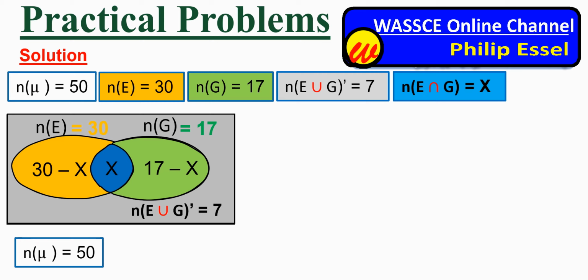Now let's look at the second part of the question. In this second part, we are asked to find the number of students who read both economics and government at the same time. So again, we would imagine the rectangular box as the classroom, and everything inside the box would represent the various groups of students in the classroom.